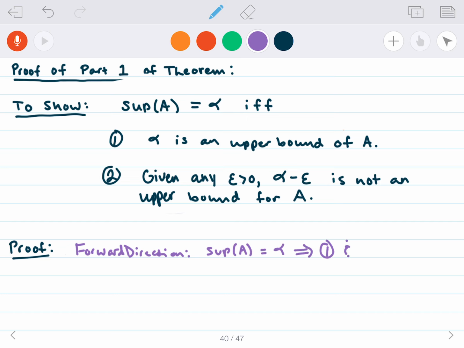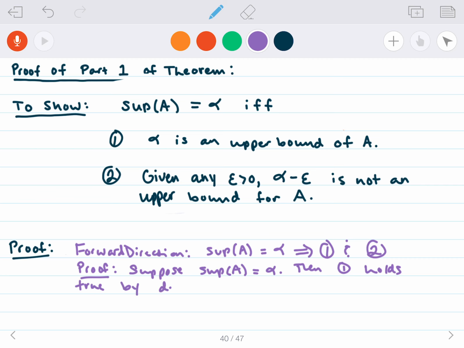Okay, so proof of this forward direction. Suppose the supremum of A is equal to alpha. Well, 1 is just true by definition, because if alpha is the supremum, it's already an upper bound, just by the definition of what a supremum is. Then 1 holds true by definition. Okay, so 1 is true. Now we just need to show that 2 is true as well.